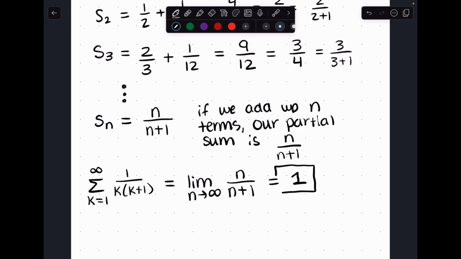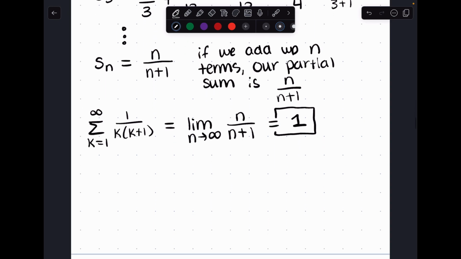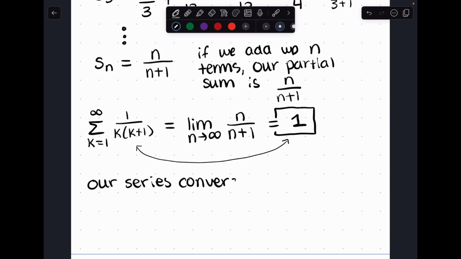Since the limit of my partial sums is a finite number, that is equal to the sum of my series. So notice these two things are equal. So our series converges to 1.